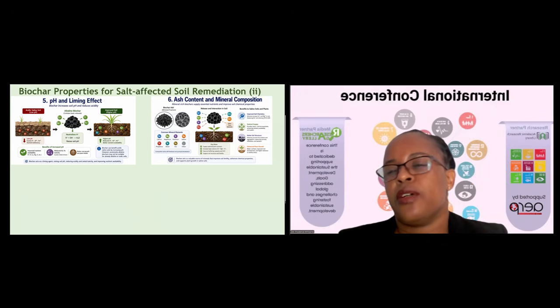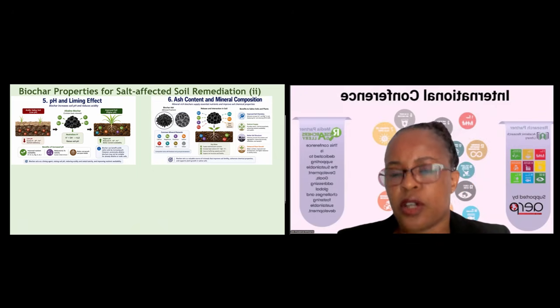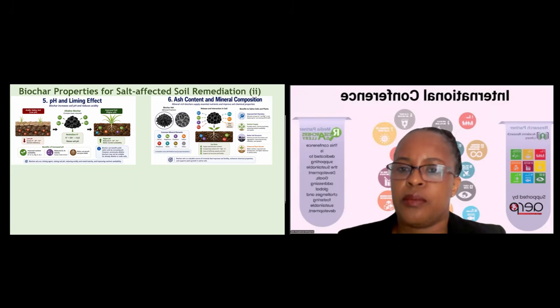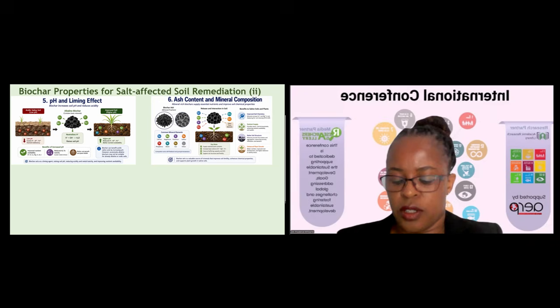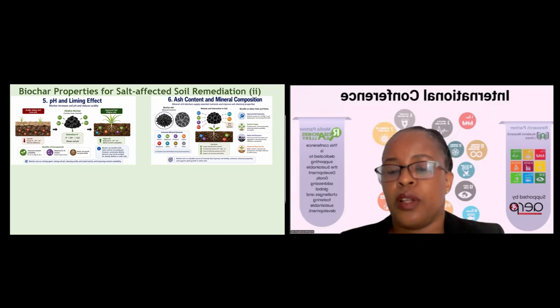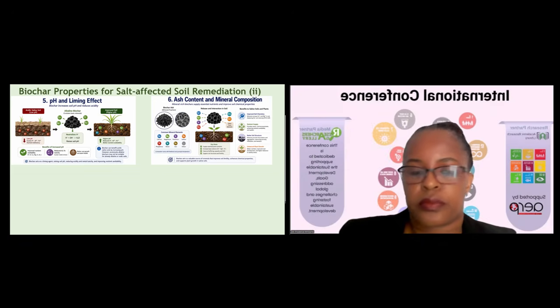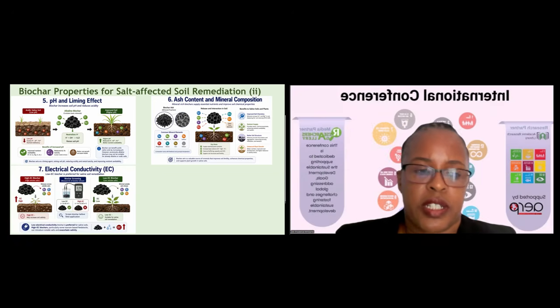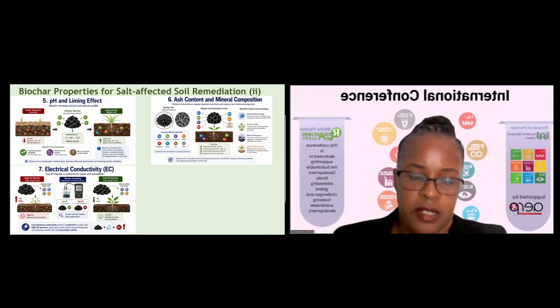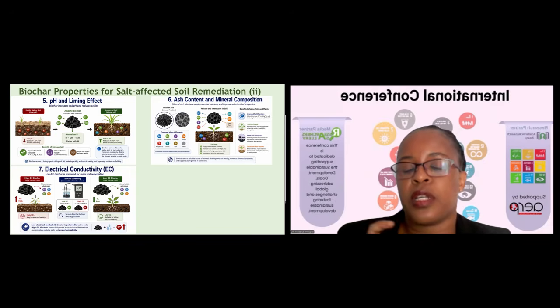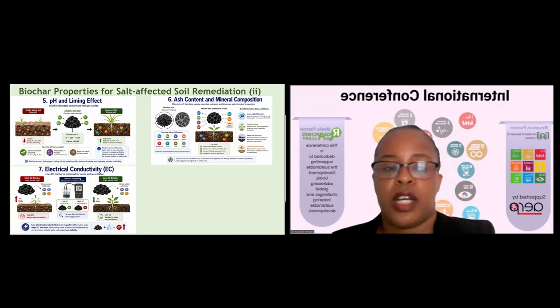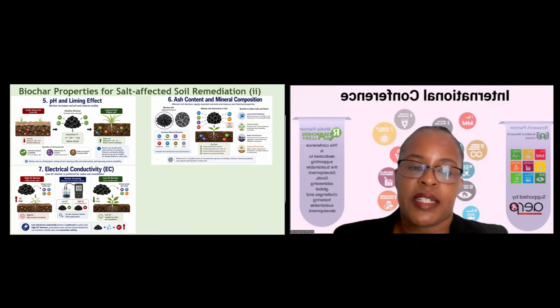So ash content and mineral composition. The ash content of biochar contains minerals such as calcium, magnesium, potassium. And so that not only adds to the fertility of the soil, but it also helps the soil. The electrical conductivity is very critical. I'll come back to it when I'm talking about the SCG, the spent coffee grounds biochar, because that can be high.